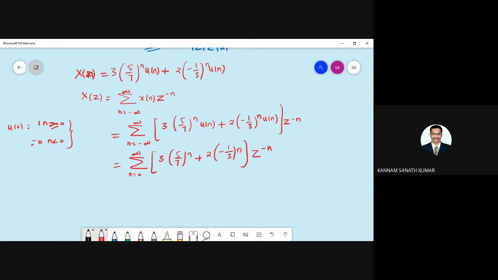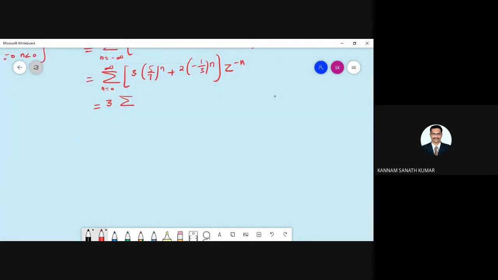So anyway, 3 is a constant. You apply the summation separately for both the terms. So what you are getting? Summation n equal to 0 to infinity (5/7)ⁿ into z to the power minus n, plus 2 into summation n equal to 0 to infinity (−1/3)ⁿ into z to the power minus n.